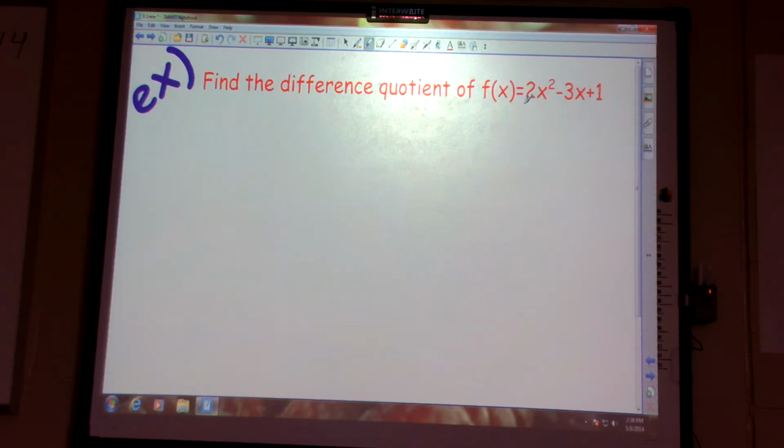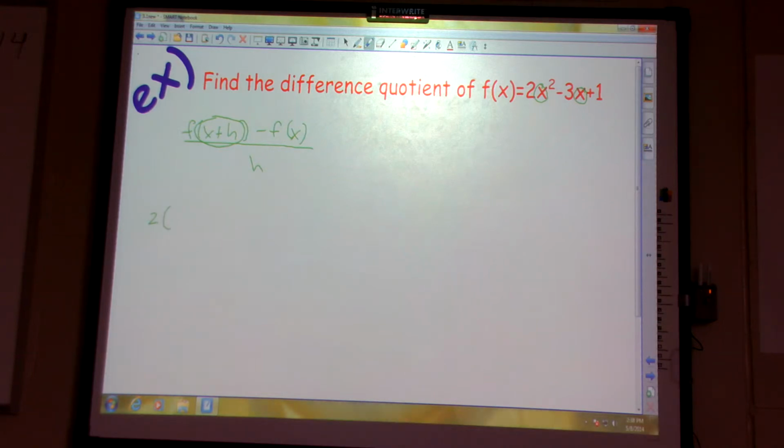Okay, let's do another. Find the difference quotient of 2x squared minus 3x plus 1. So I want f of x plus h minus f of x all over h. Let's first find f of x plus h by plugging x plus h into both x's. Make sure you do both.